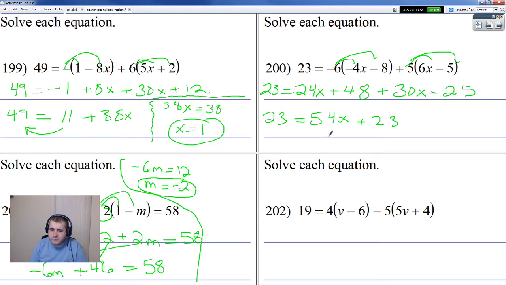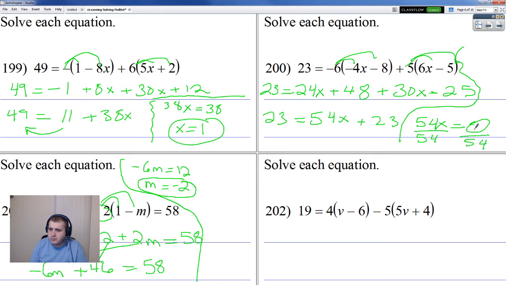I like this one because look what happens. So when I subtract the 23 over, look what I get. 54x equals, well, what's 23 minus 23? Isn't that just 0? Well, hey, I know how to do that. Divide both sides by 54.